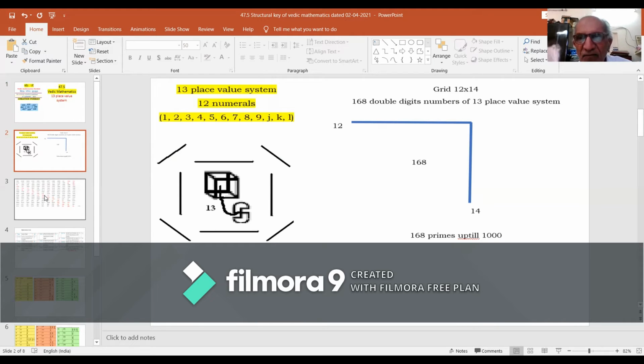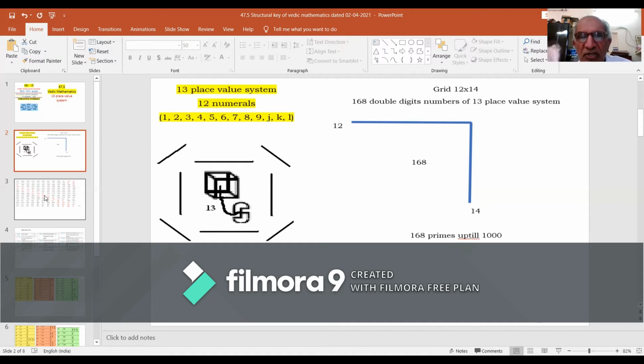For our own convenience, we have symbolic expression for these 12 numerals as 1 to 9, the numerals of the 10 place value system, and three additional numerals, J, K, and L, the 10th, 11th, and 12th letters of the 26-letter English alphabet.